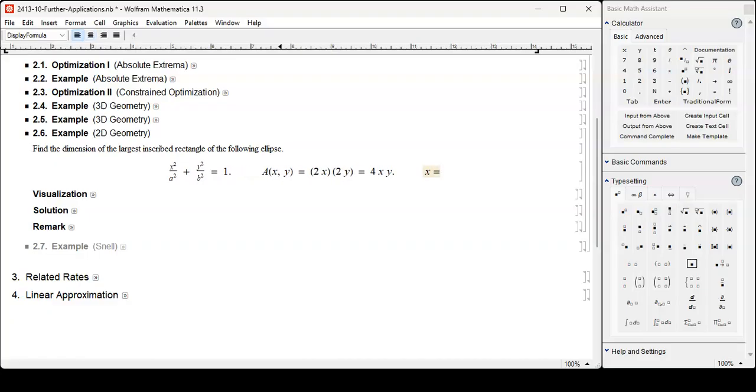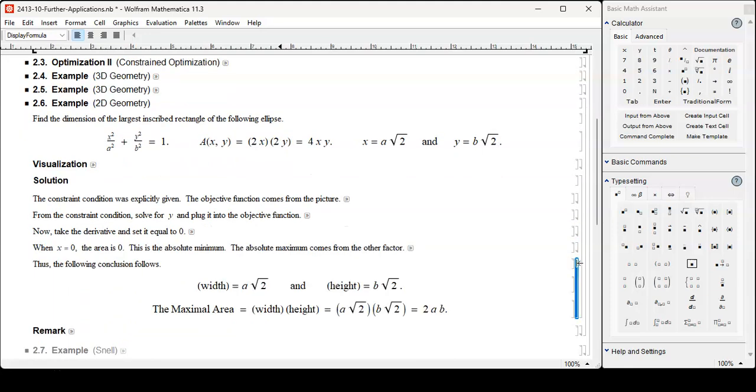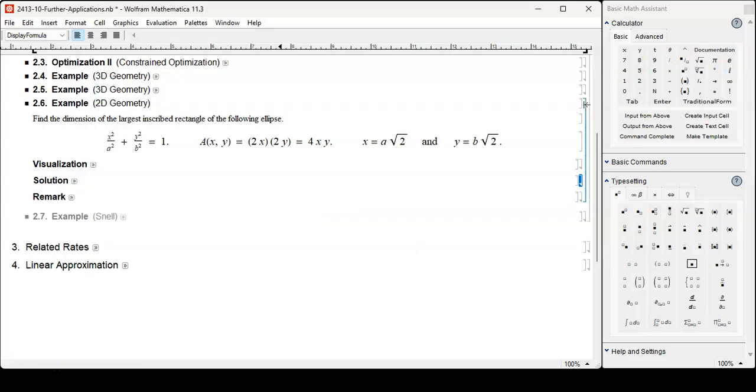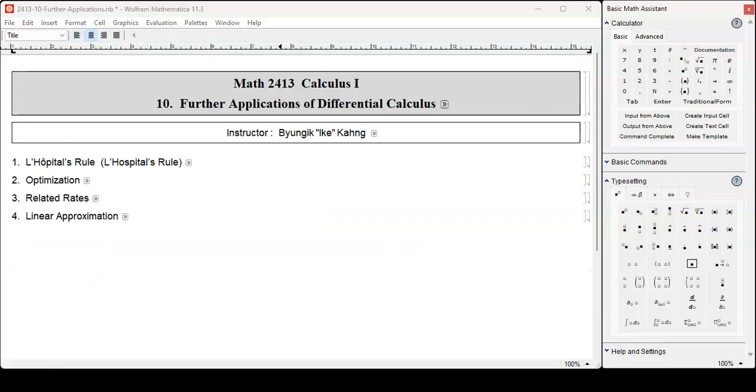X is a square root of 2, and y is b square root of 2. Okay, the detail is left to the students. It's gonna be really hard.